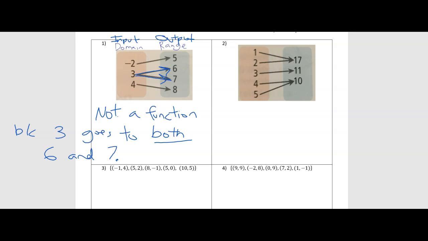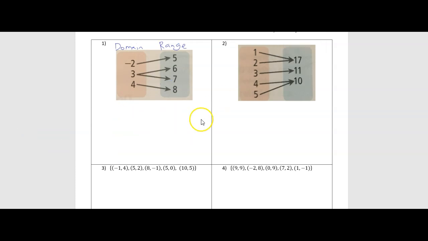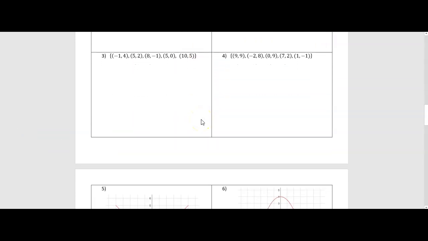Let's go to number 3. We have these written a little differently here, right? The inputs and the outputs are not in a diagram. They're written as coordinates. We've seen these before, though. We understand what coordinates are, and we should understand that the x values come first, the y values come second. Remember, the inputs, those are our x values.